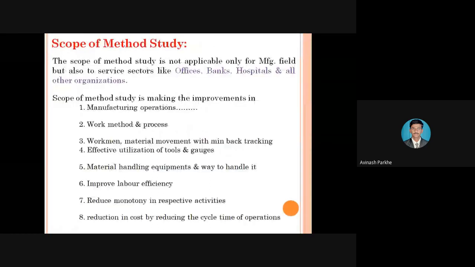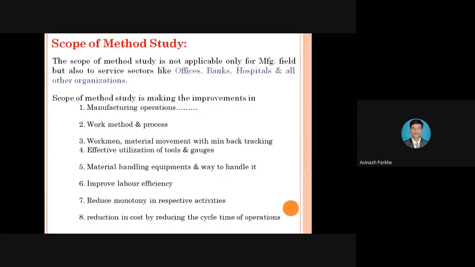Now we'll discuss the scope of method study. What is the scope of method study and where is this concept applicable? As per the British standard, or as per various scientists, maybe F.W. Taylor and Gilbreth, the scope of method study is not applicable only to the manufacturing field.